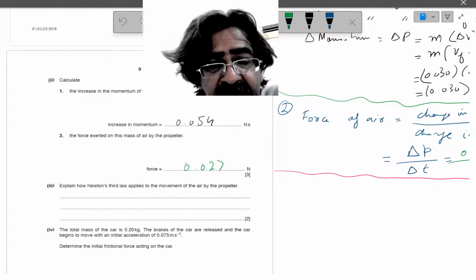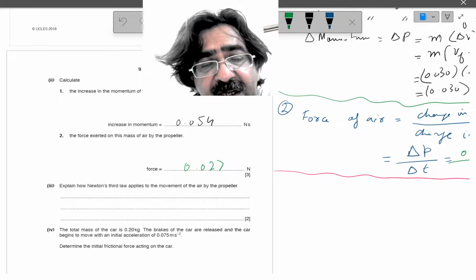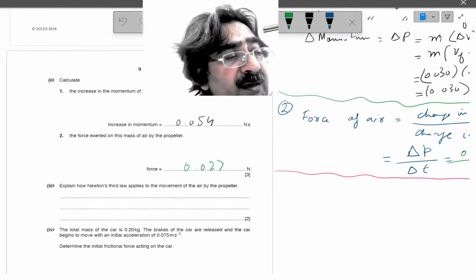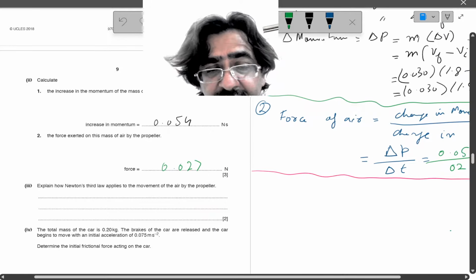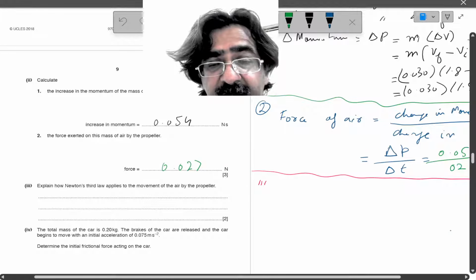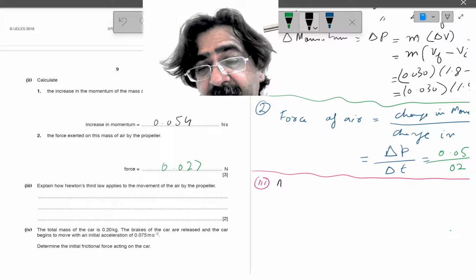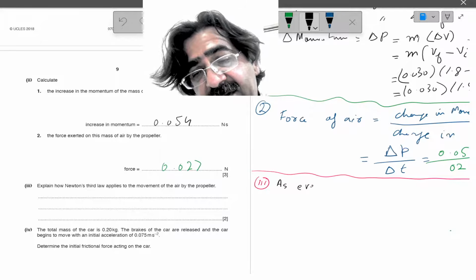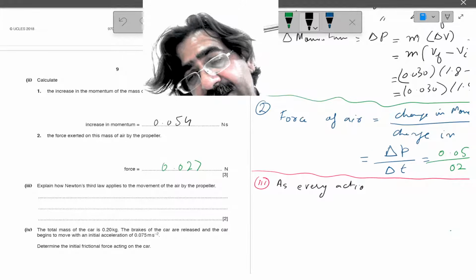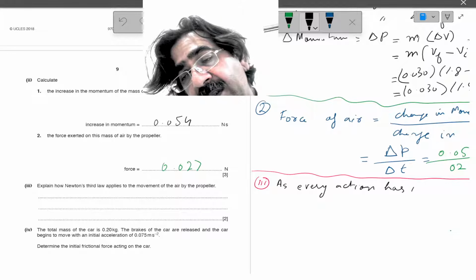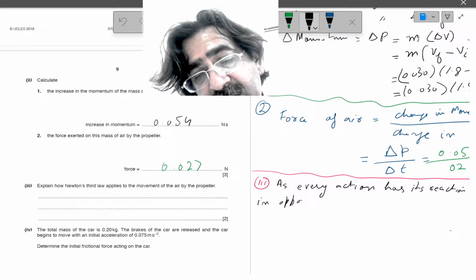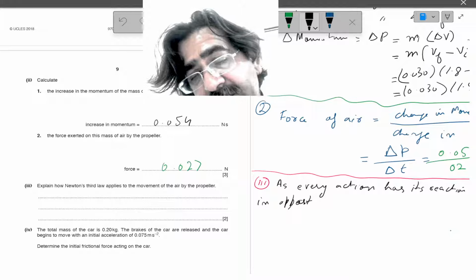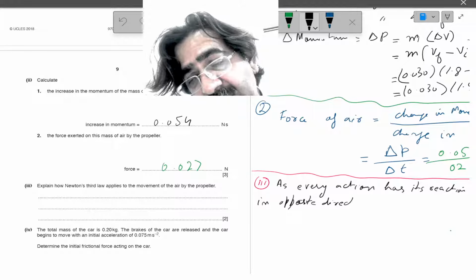So if the motion of air is at the left side, it forces the car to move in the opposite direction, meaning the right side.